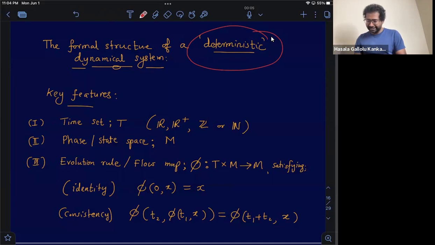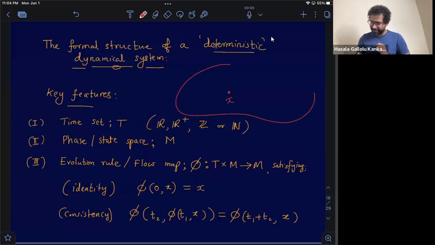Deterministic simply means that if you consider our space M and you know the current point, or the starting point somewhere, X, then when you apply any one parameter transformation, let's say G10, that is a function coming from GT.